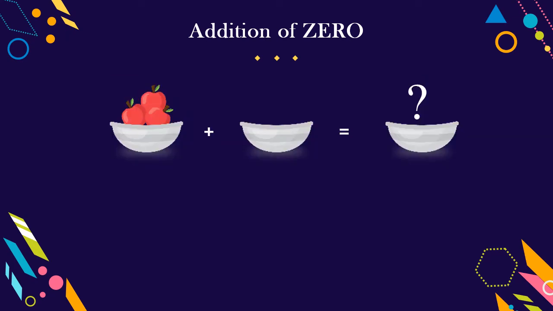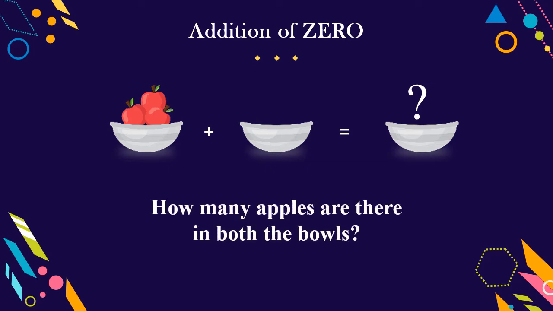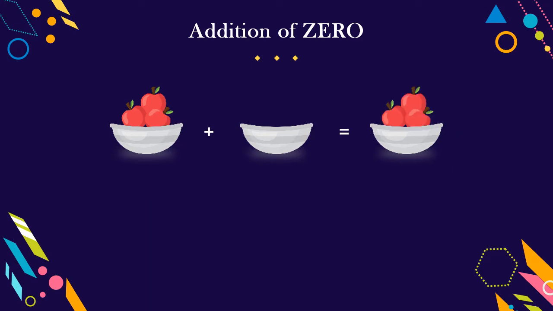Now we do another example. Here you can see 3 apples in the first bowl and no apple in the other bowl. How many apples are there in both the bowls? There are 3 apples in all, so we can write 3 plus 0 equals 3.